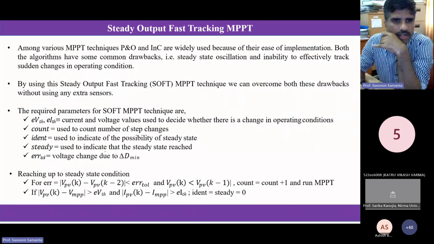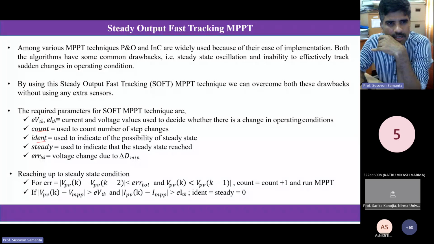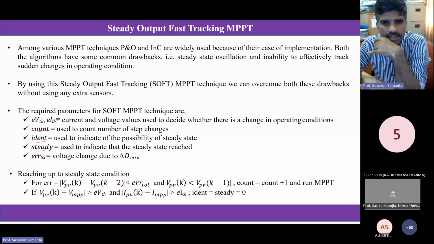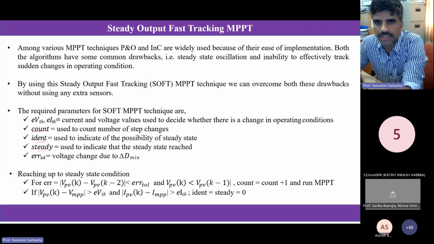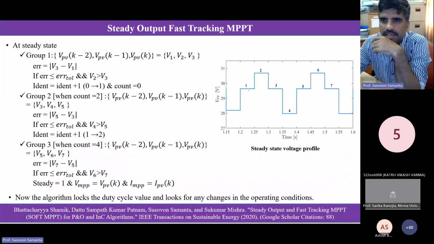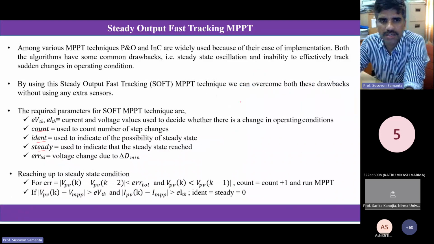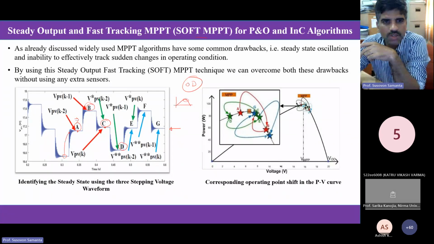For that we are using these three variables: count, ident, and steady, and we are taking this tolerance. As I said, this is VPV(k) and VPV(k-2). As you can see, this is k minus 2, this is k minus 1, and this is k.